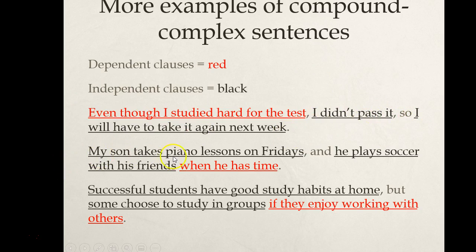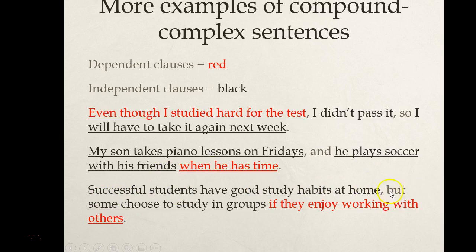My son takes piano lessons on Fridays, and he plays soccer with his friends when he has time. So here, look at this. We have an independent clause connected by fanboys and a comma, and then we have a dependent clause. Successful students have good study habits at home.